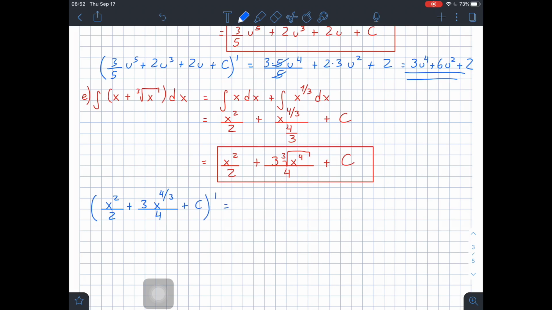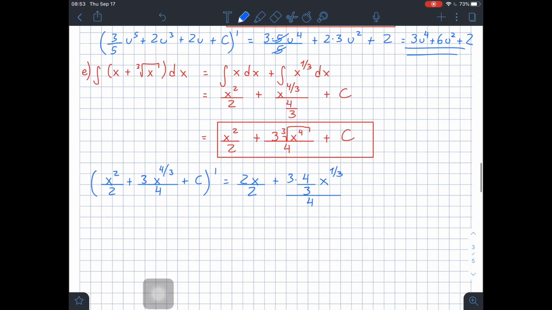The derivative of this would be 2x divided by 2, right? Plus the derivative of this would be 3 times 4/3. The exponent decreases by 1. 4/3 minus 1, that's 1/3. And this is all being divided by 4, right? This 4 over here. And then the derivative of c is just 0, so we don't need to write that.